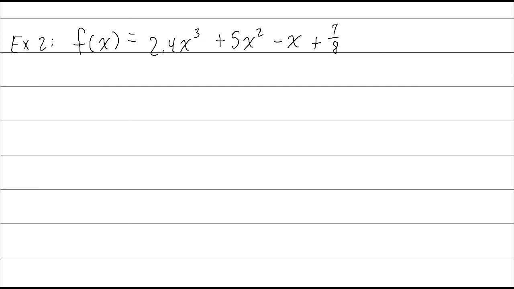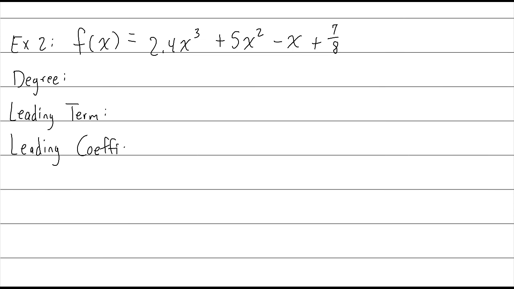All right, so we said the degree, the leading term, the leading coefficient, and then we're going to want to classify this as, you know, is it a linear, quadratic, and so on. Okay, so the degree, we look for the highest exponent. 3. 3 is my highest exponent, so I will say this is a degree 3 polynomial.